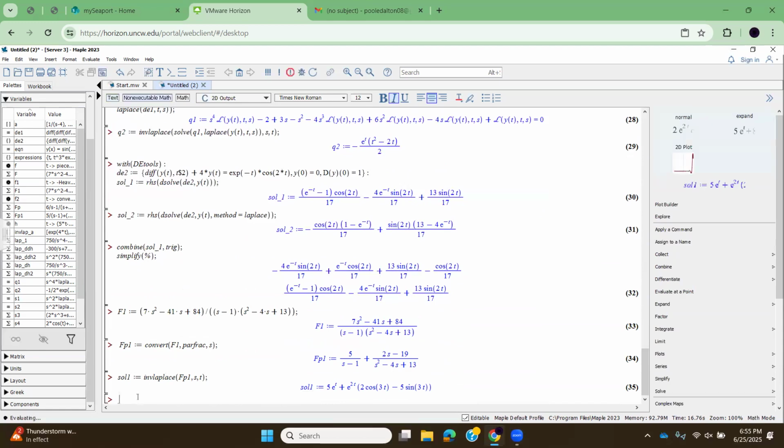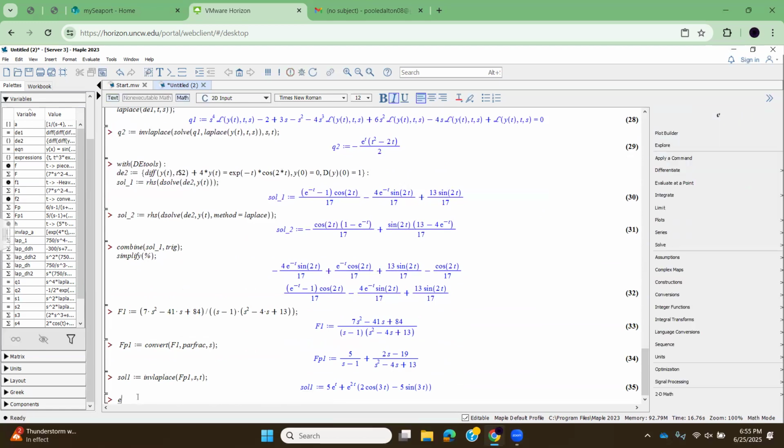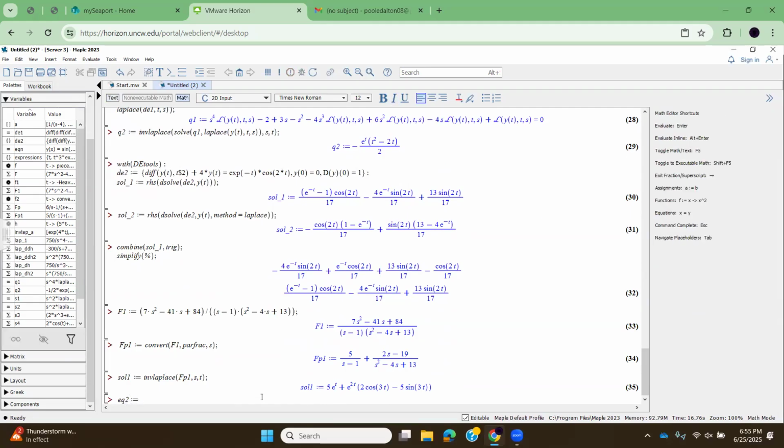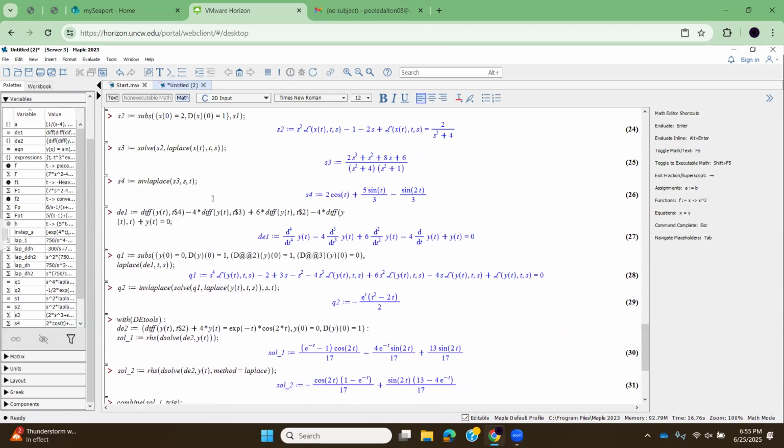So we'll just say EQ2 is equal to, and then I'm guessing the diff, yeah.